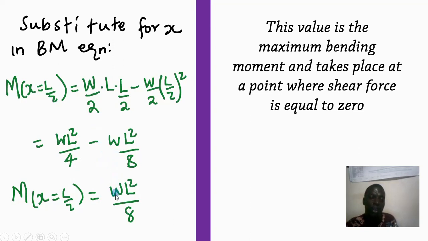Substituting x equal to L out of 2 wherever x is, it will be W times L out of 2 times L out of 2, then minus W out of 2 into L out of 2 squared, and finally the maximum bending moment is WL squared out of 8. This value is the maximum bending moment and is always found at the point where the shear force is equal to 0.